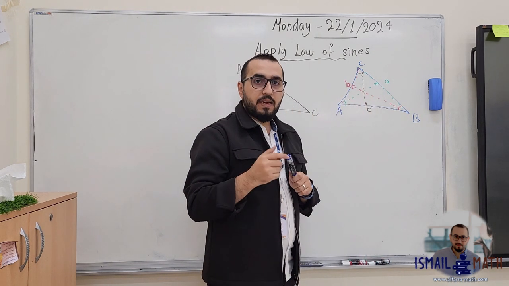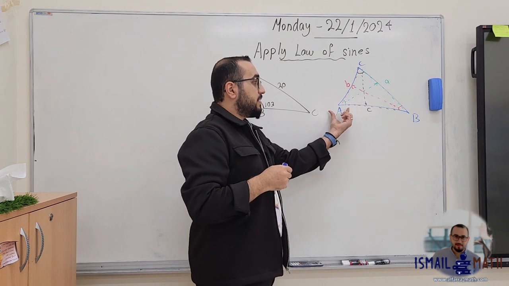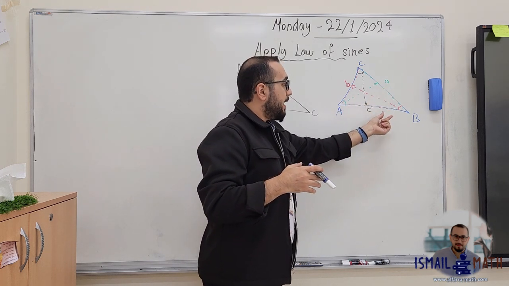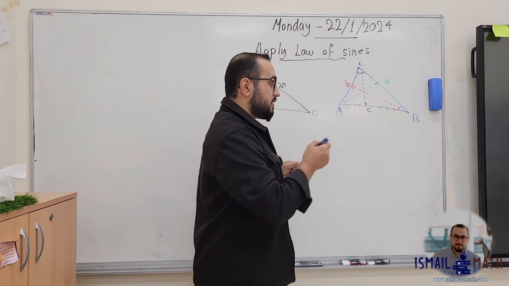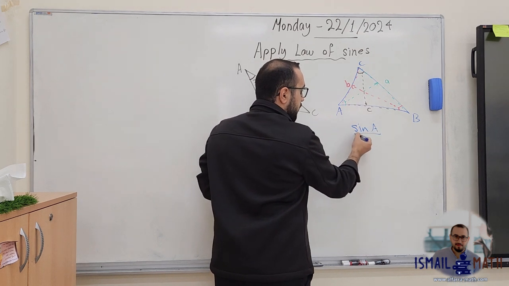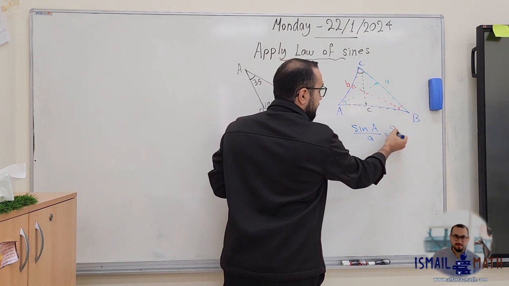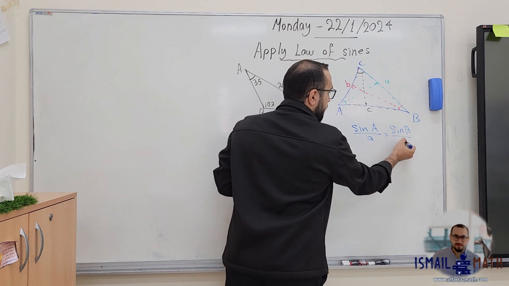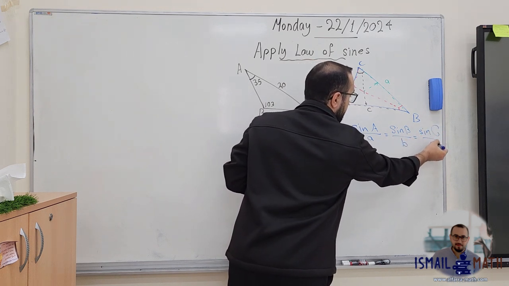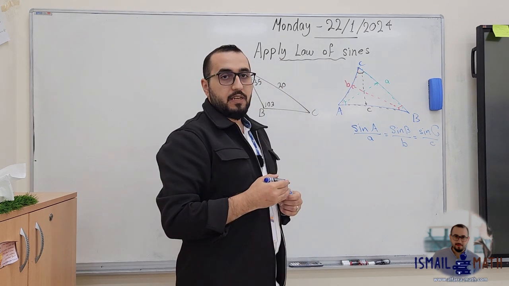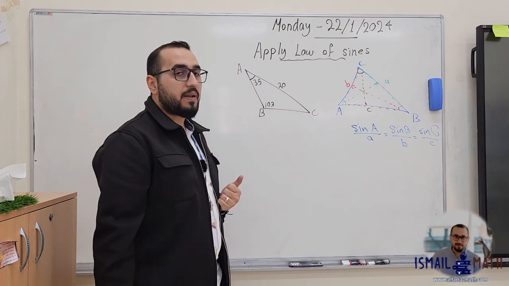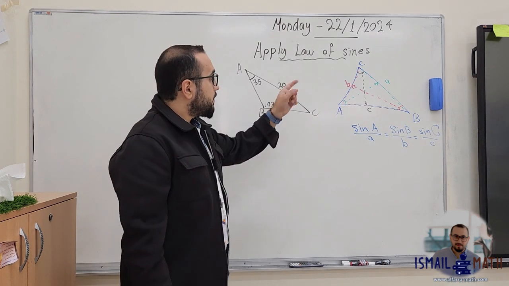So what is the law of sines? It is the ratio between an angle and its side, equal to the ratio of another angle to its side. For example, sine A over small a, and sine B over small b, and sine C over small c. We can use these ratios to find an angle or a side.